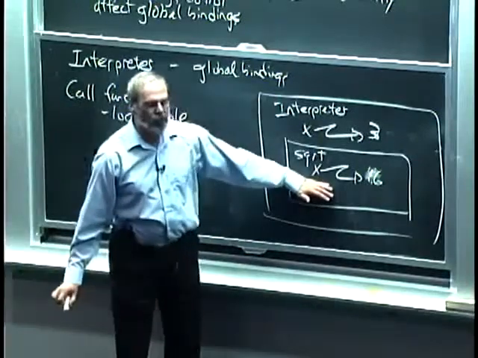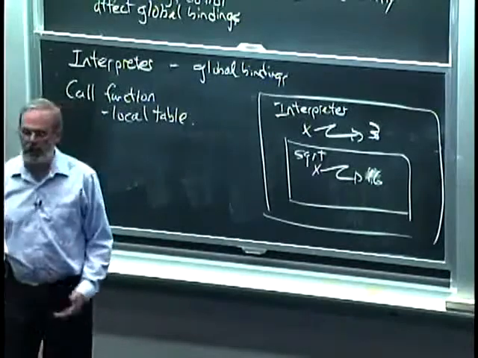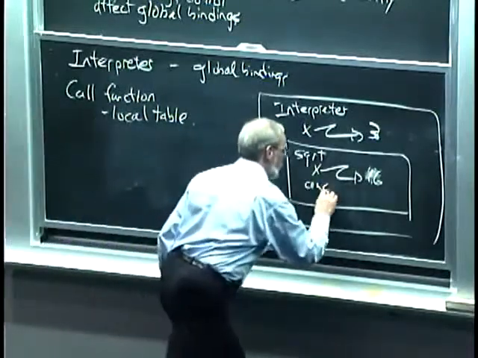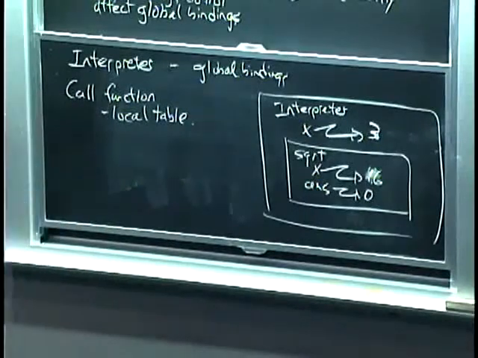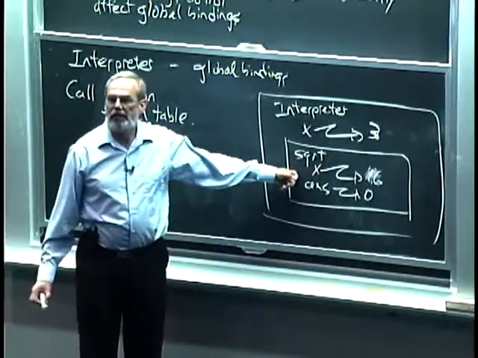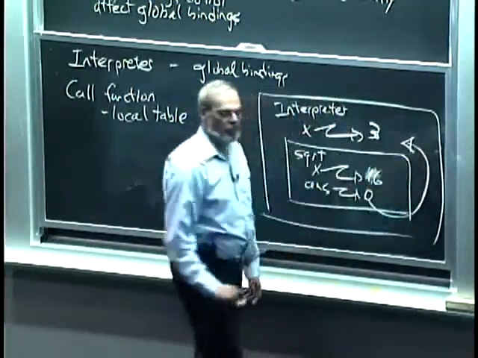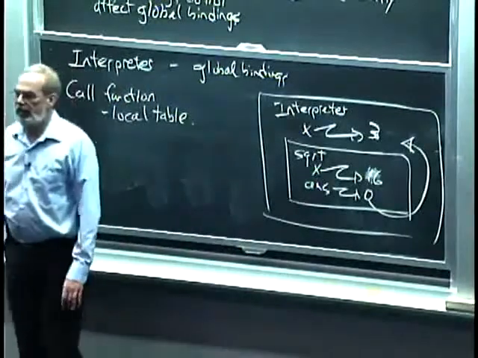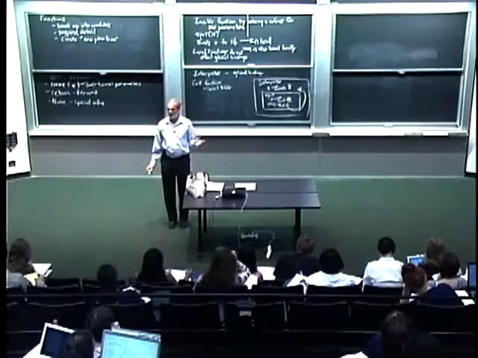This x only gets seen by squirt. Inside of there, I can bind other things, like ANS gets locally bound to 0, and then it increments around, and eventually we return that value out. When I get to a return from squirt, some value is returned back to the interpreter, and that table goes away. But that table does not affect any bindings for other instances of the variable, like x or ANS.